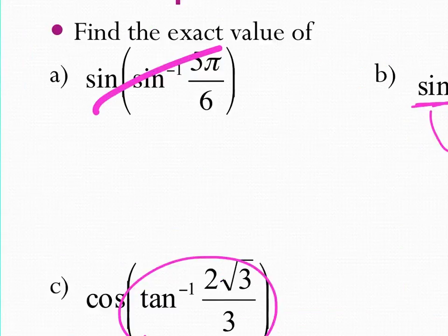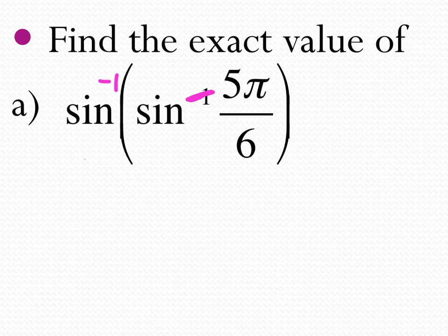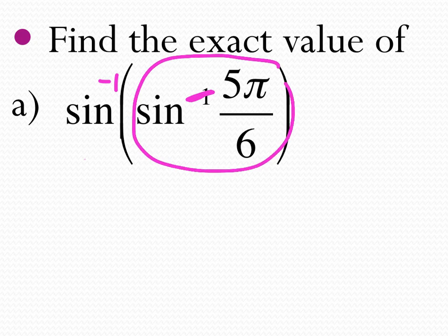Okay, so then go back to A. This is actually the inverse should be on the outside and that should be gone from the inside. So this time it's the reverse. This time it's saying find the sine of 5 pi over 6 and then find the sine inverse of that. So what is the sine at 5 pi over 6?